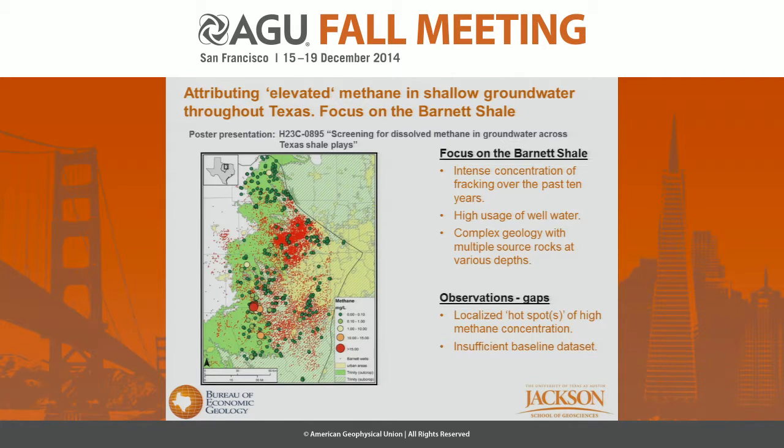The green dots are dissolved gas sample locations where the concentration of methane is below 0.1 milligrams per liter, essentially a trace of methane. What it shows is that the scope of the problem is very limited in terms of location. There's essentially one hotspot right here where we get a lot of elevated methane concentrations above 15 milligrams per liter, but the bulk of the region is baseline, with very low methane concentrations.